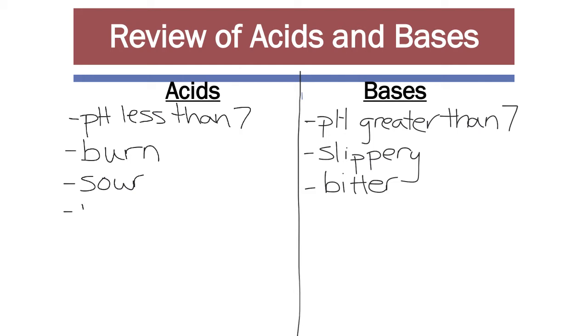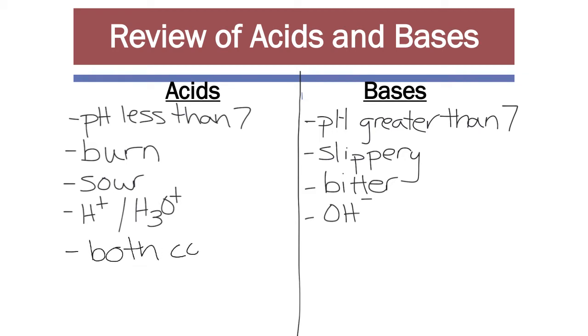Acids ionize to produce the hydrogen ion or the hydronium ion. We'll talk a little bit about that later. Bases ionize to produce the hydroxide ion in solution. Both acids and bases are conductors of electricity, and the stronger they are, the better conductors they are, and that will have to do with how much they ionize in solution.